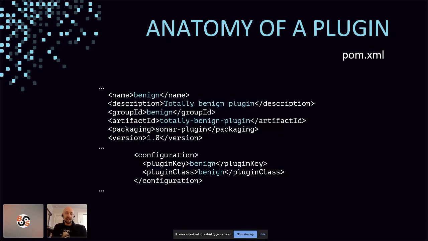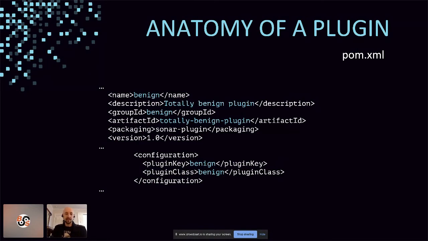This is the POM file, and the whole file is bigger than I could fit on the screen. So all I did was take out the parts that you need to change from the example plugin that they give you. And there's only a few fields, right? And they're pretty arbitrary. You can call the plugin whatever you want, write whatever description you want for it. There are really only two values here that are tied to the project structure.